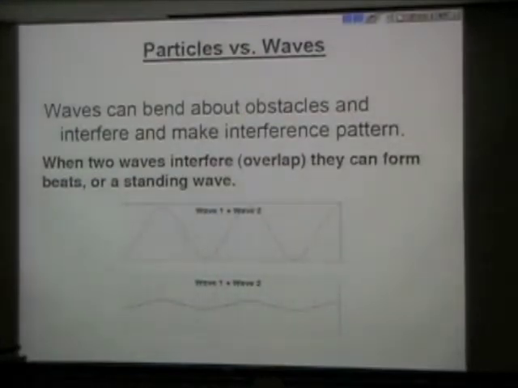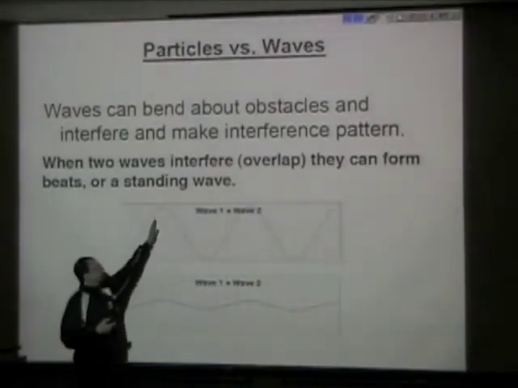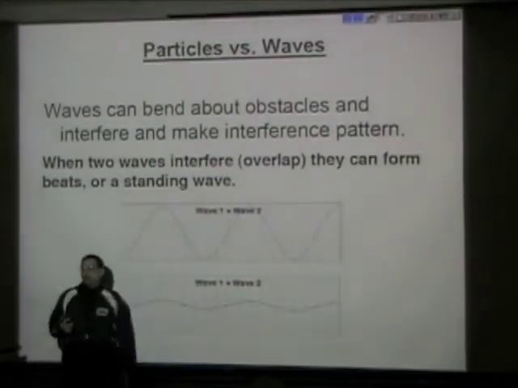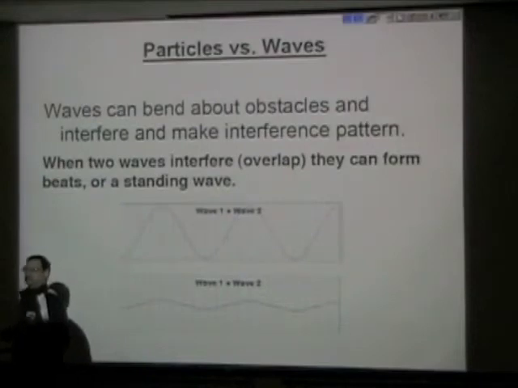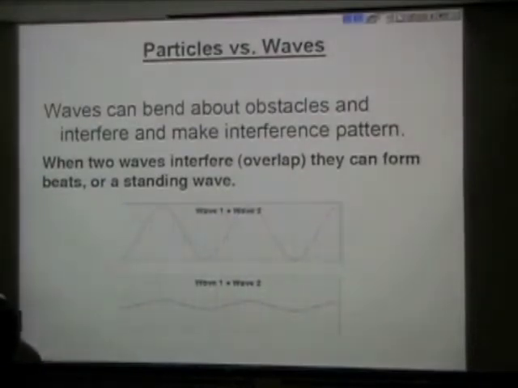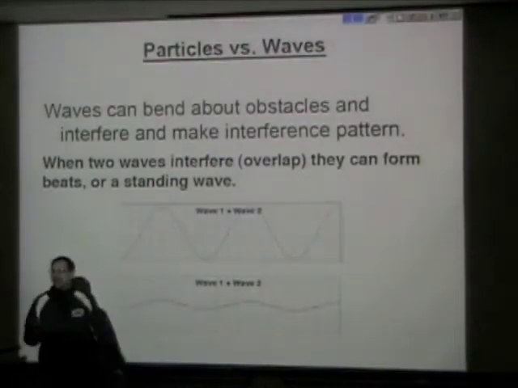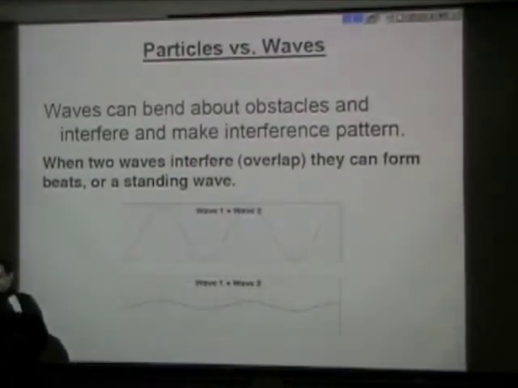So, if we could form a standing light wave, that would mean that at some locations we would be observing the brightest light possible. However, at some other locations we wouldn't observe any light at all. No light means what color?